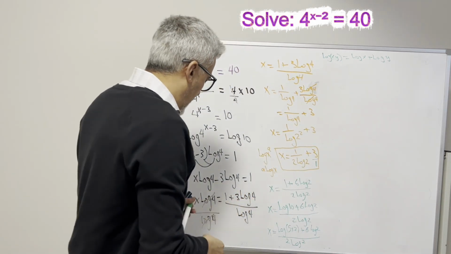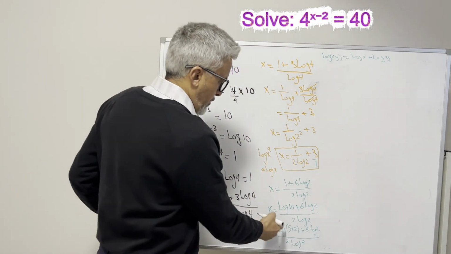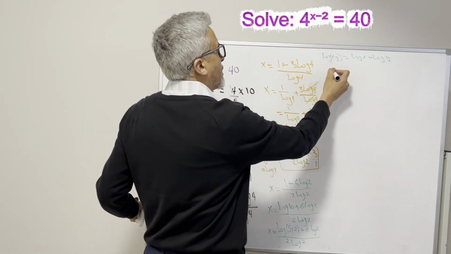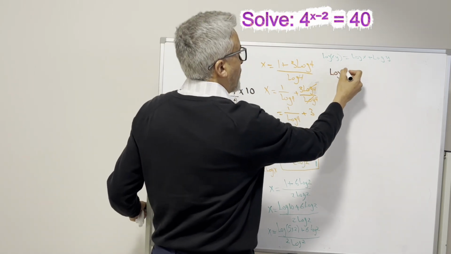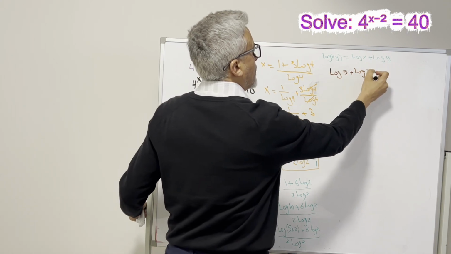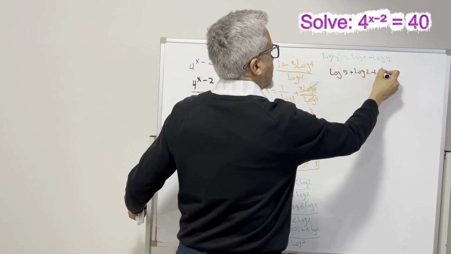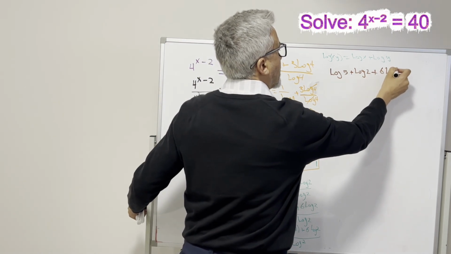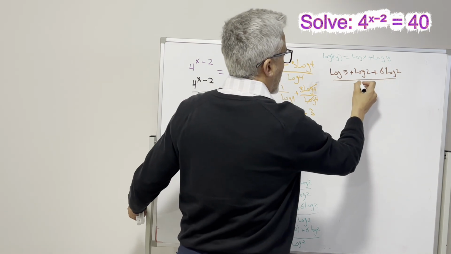And we're going to apply that to this right here. So I'm going to end up with log 5 plus log 2 plus 6 log 2 all over 2 log 2.